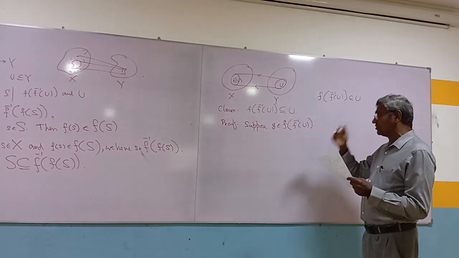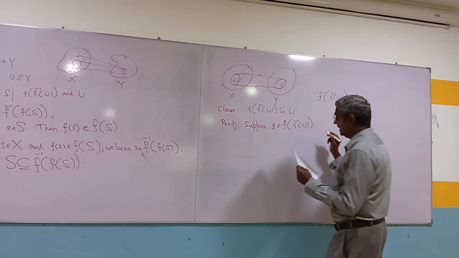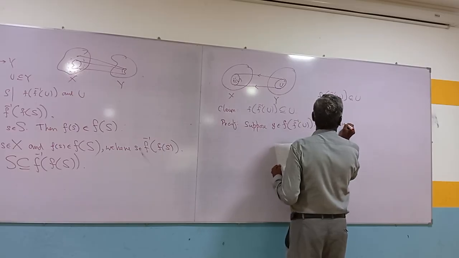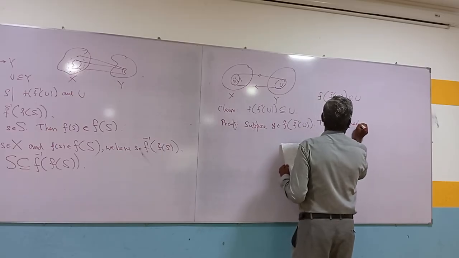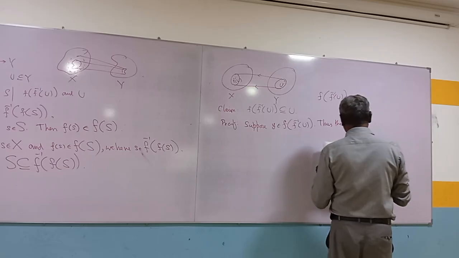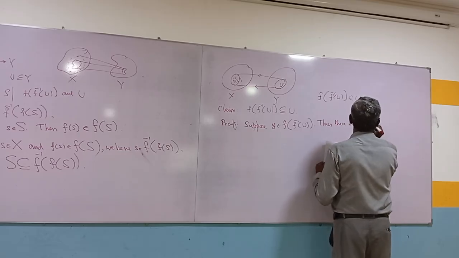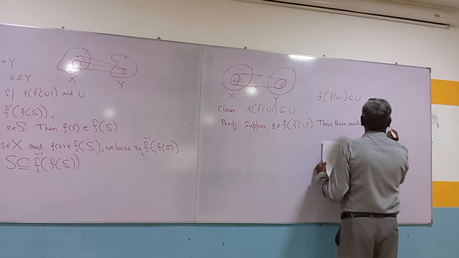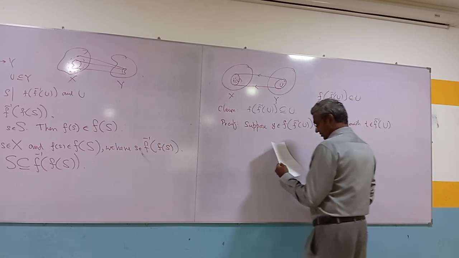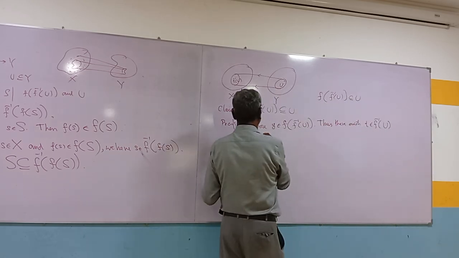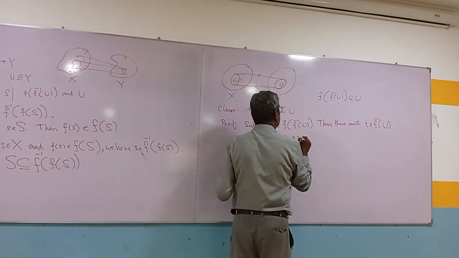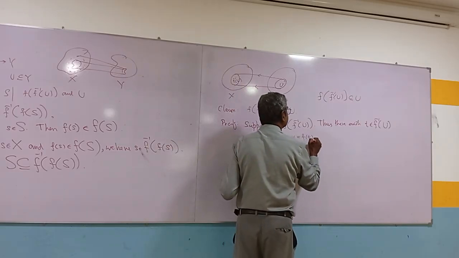Thus there is t belonging to f inverse U such that y is equal to f of t.